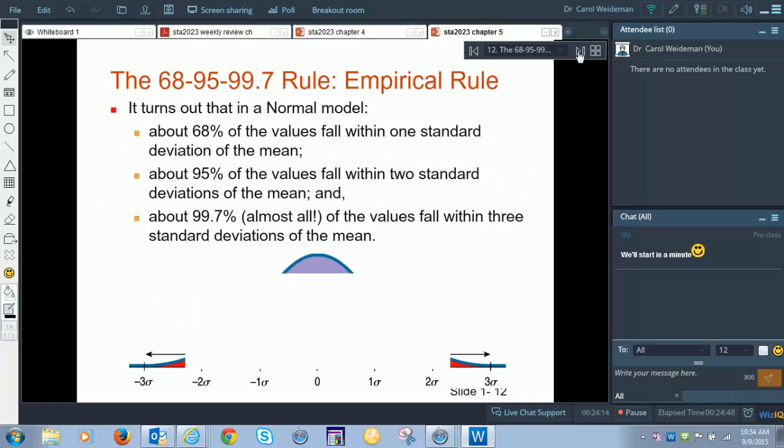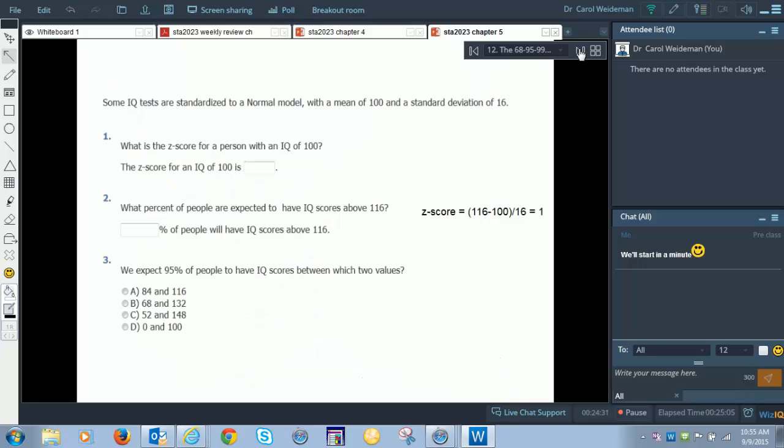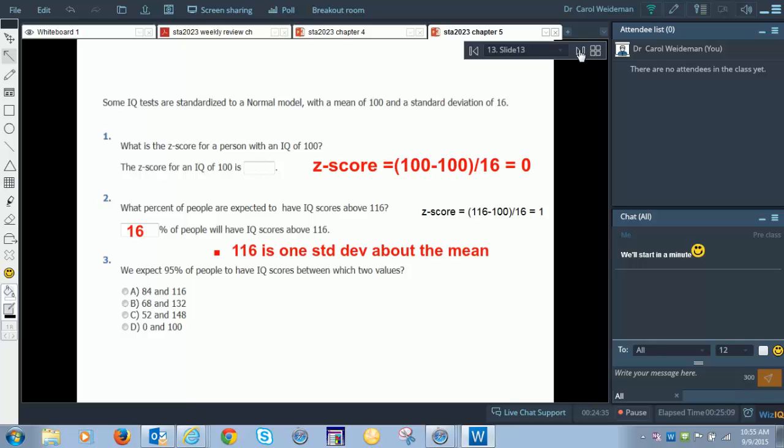And if I go back real quick to my prior slide, where I had that little picture, here's a z-score of 1 right here. I know 68% of the data falls within 1 standard deviation, so how much must fall outside of it? 32%, and that's equally divided into the 2 tails, so 16% is going to fall above 116.